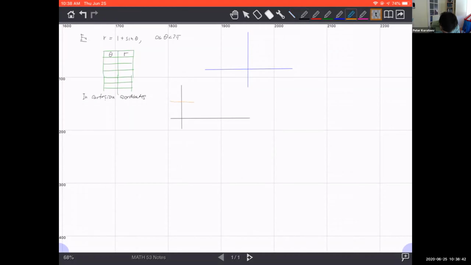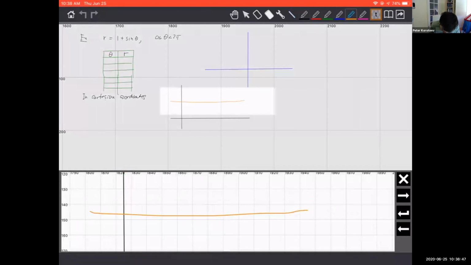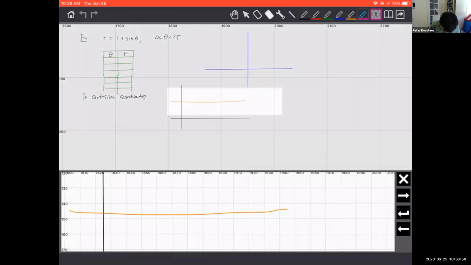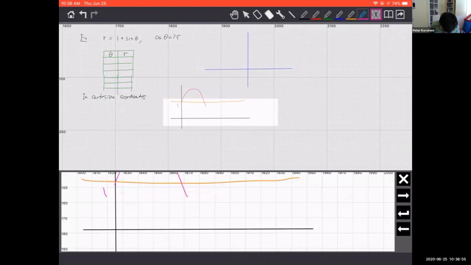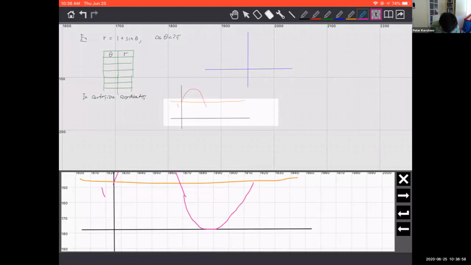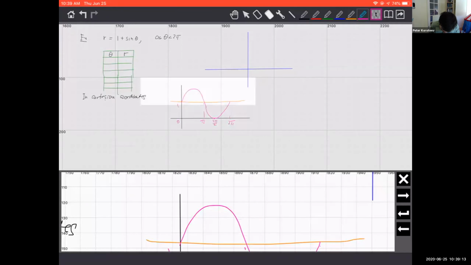Then we can draw the line r equals 1, and there will be a sinusoid around that line. It will touch 0 and then come back again. So this is 2 pi, and this is pi. Here we have 0 at 3 pi over 2, and here we have 2 at pi half.